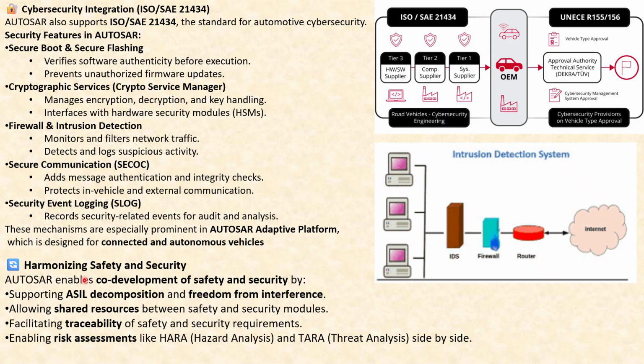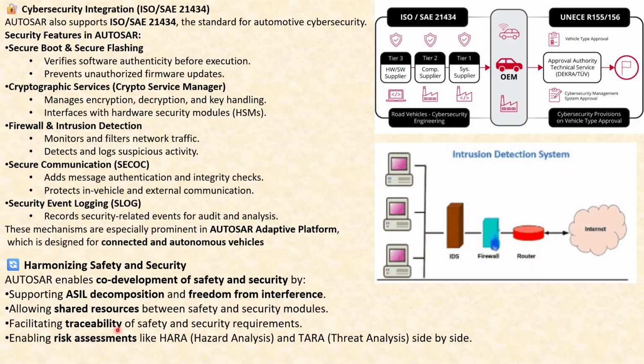Now coming to harmonizing safety and security, Autosar enables co-development of safety and security by first supporting ASIL decomposition and freedom from interference, allowing shared resources between safety and security modules, and facilitating traceability of safety and security requirements. This is important as far as development during the V model is concerned.